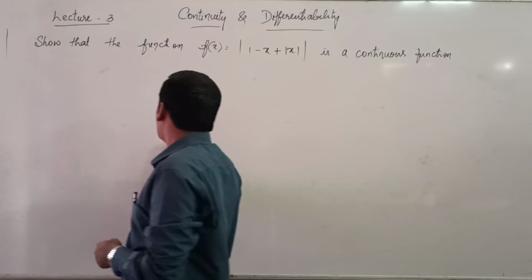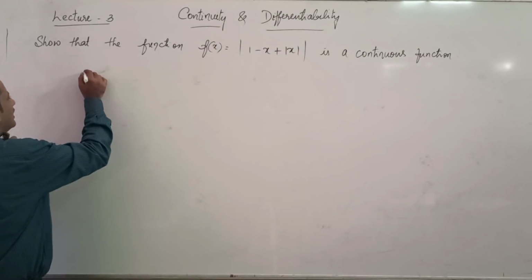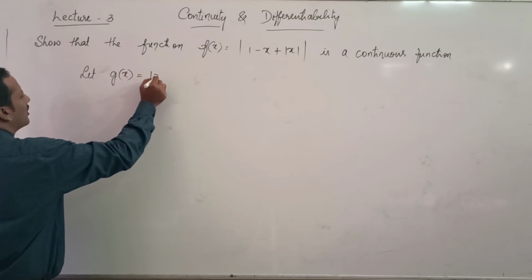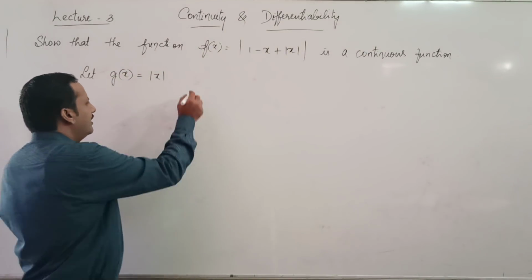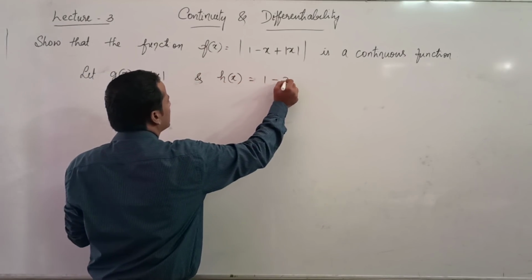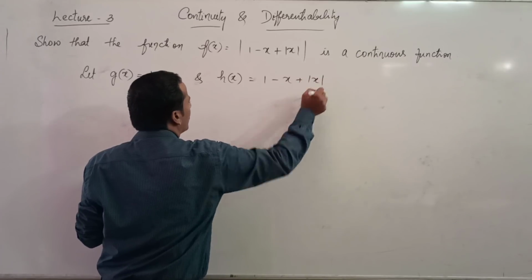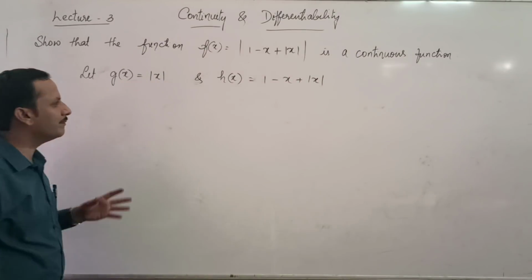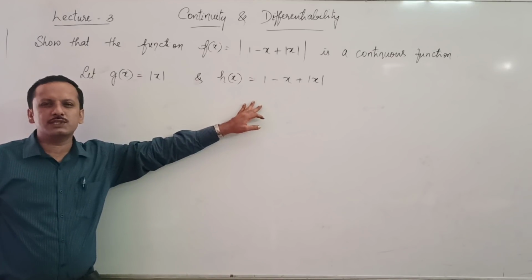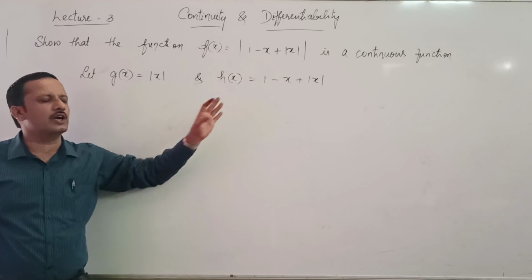Okay. So now here I will take let g of x is equal to mod x and h of x is equal to 1 minus x plus mod x. First we shall check whether these two functions g and h are continuous or not.